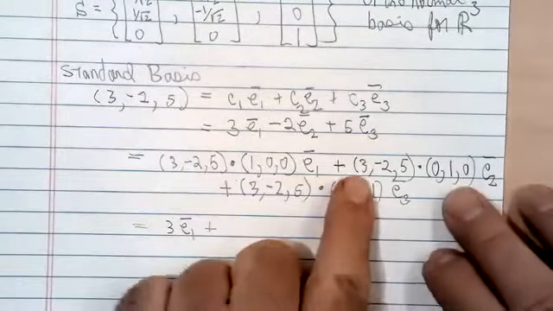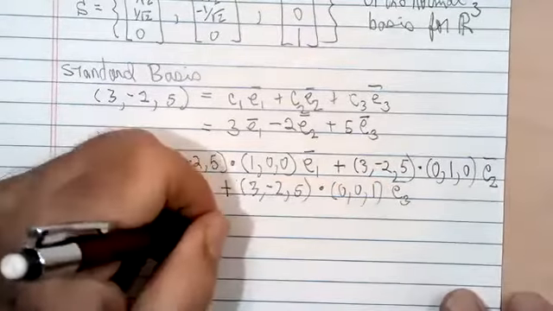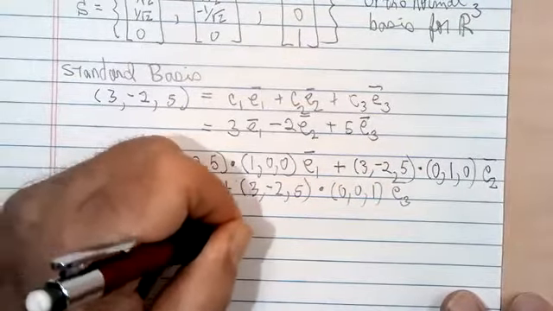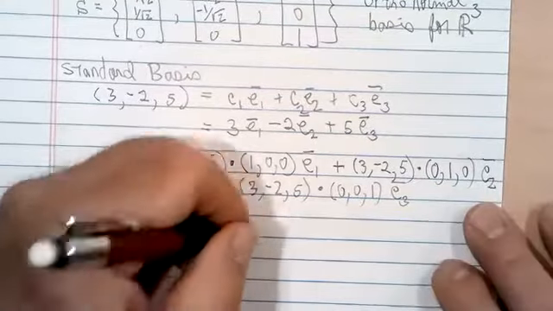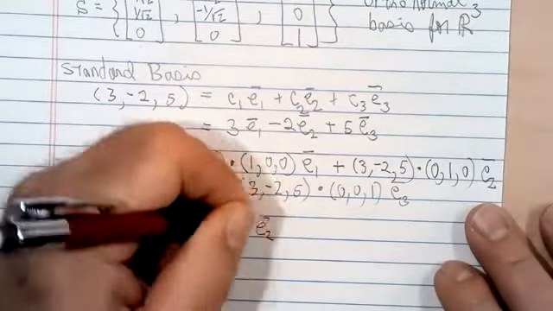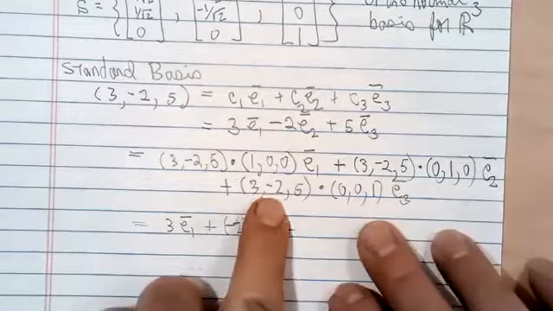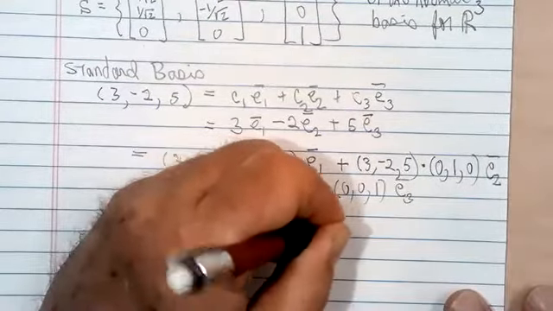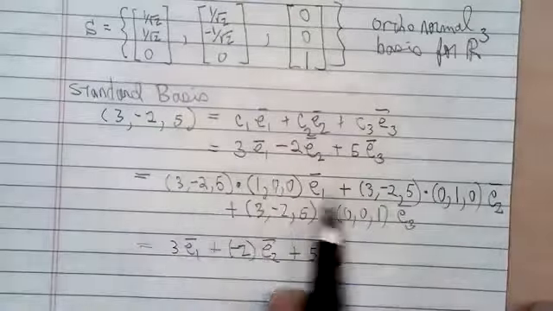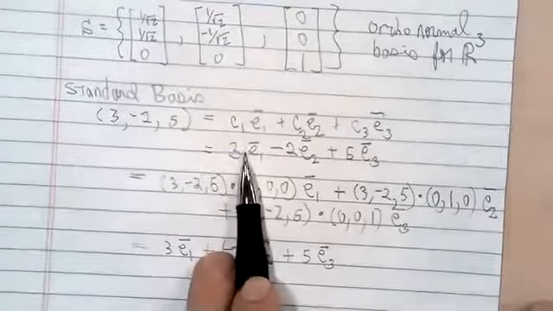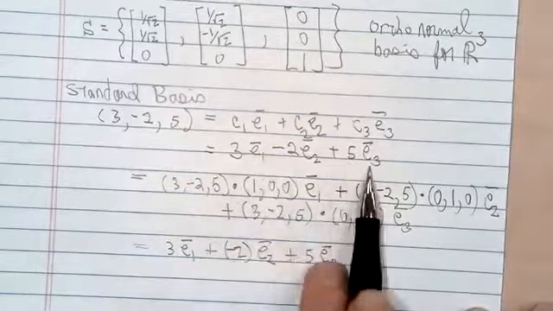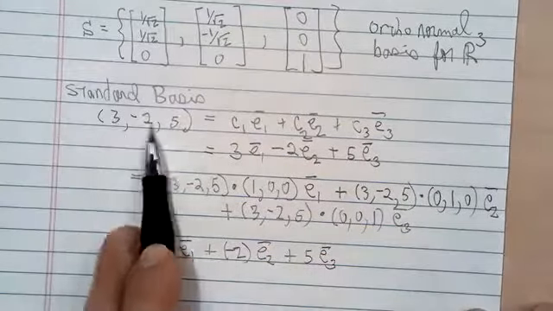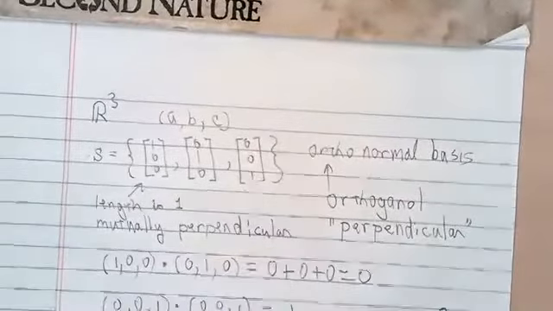Plus minus 2 is that dot product times e2, plus, and the last one is 5 times e3. So by taking dot products, I was able to get, in an automatic kind of way, this expansion of (3, -2, 5) in terms of the basis I was working with, the standard basis.